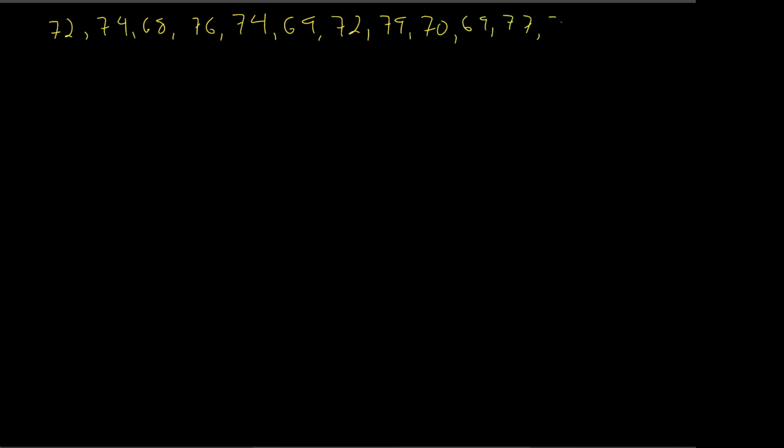And so if we have all of the heights of a basketball team in inches, 72, 79, 70, 69, 77, and 73. And then we have the weights in pounds.